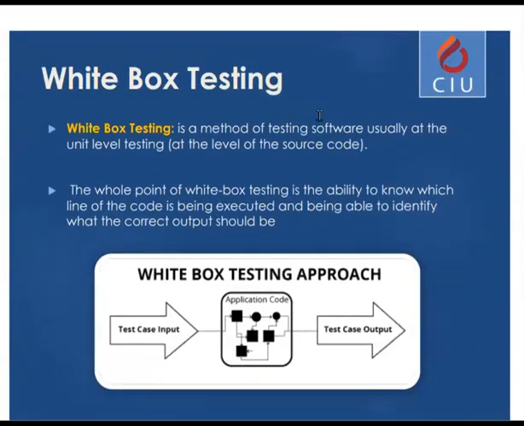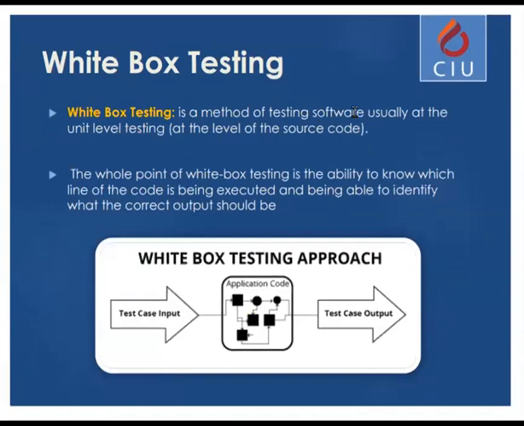This is a method used in the software industry very often, usually unit level testing at the level of source code. So you generate a list which you can tick and move on, like checkboxes. So you tested this, you tested that, and you put a stamp on it: tested, working. And those things that are not working, you put a cross and come back later to fix them.